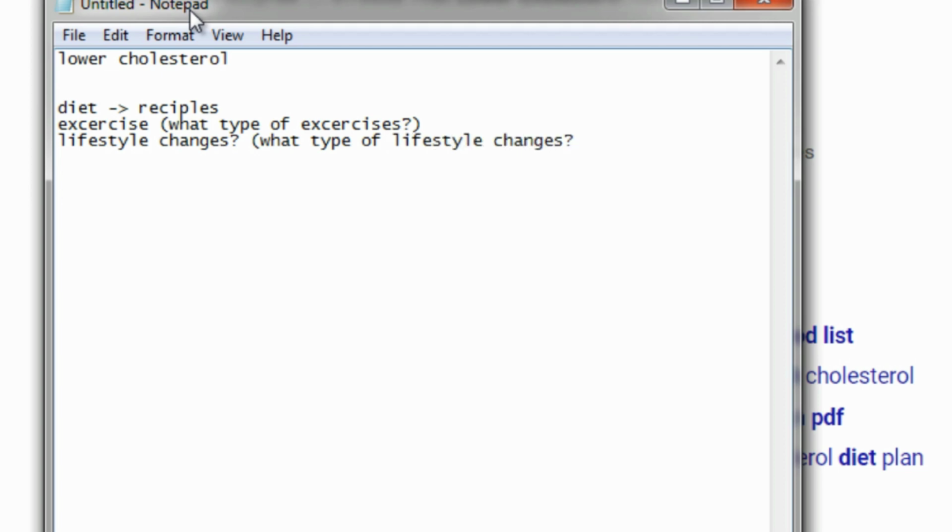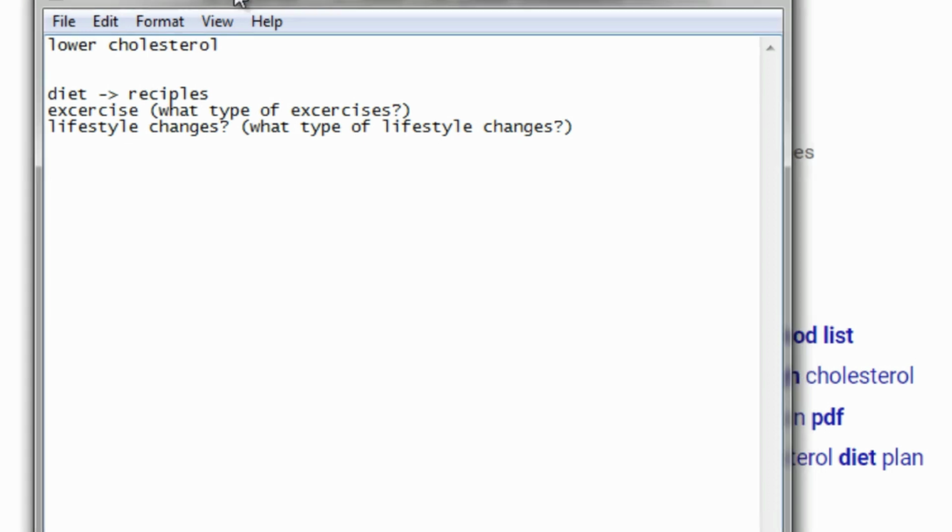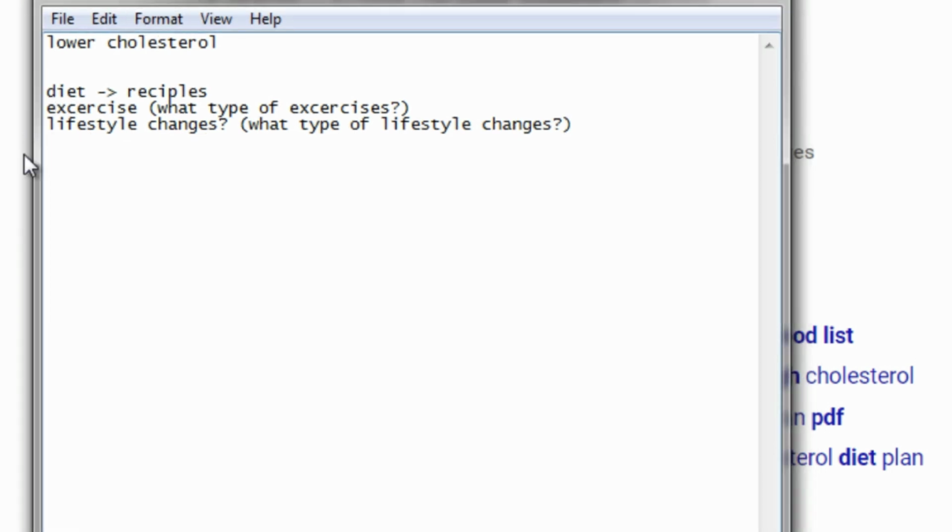As you're beginning to type these out, ask yourself questions that other people would ask, like what type, or what if, or why, or how, or when. So who, what, when, where, how kind of thing. That way you can expand upon not just the general niche and the sub niche.